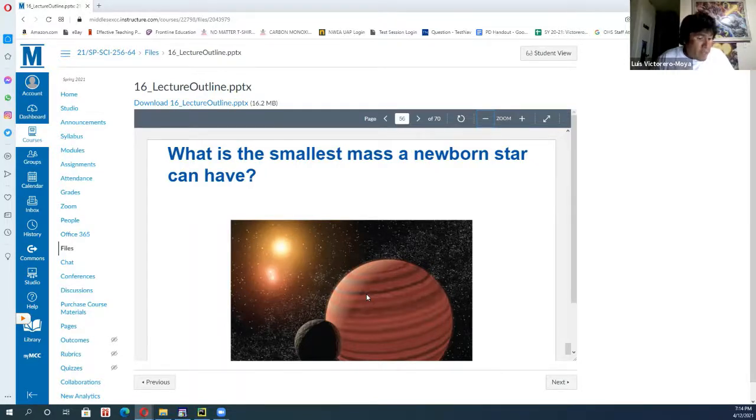In astronomy, we have the term brown dwarf for a low mass fragment of about 12 times the mass of Jupiter. Let's repeat that, because there are a lot of numbers there.